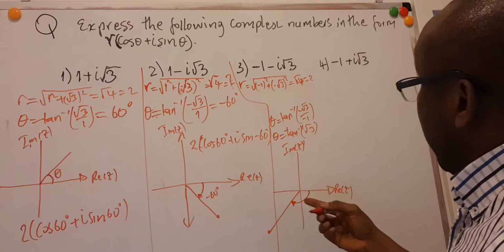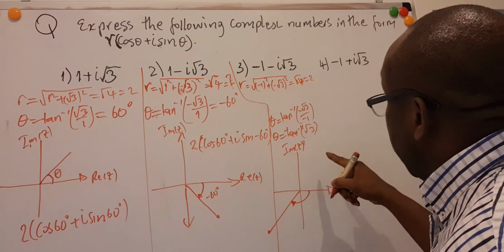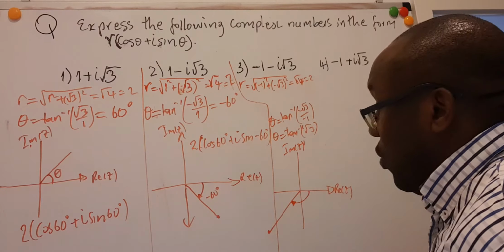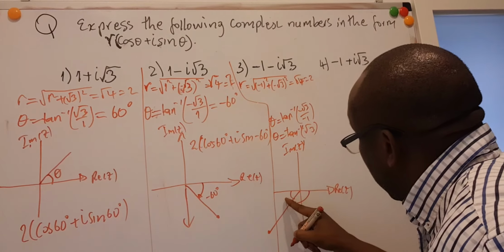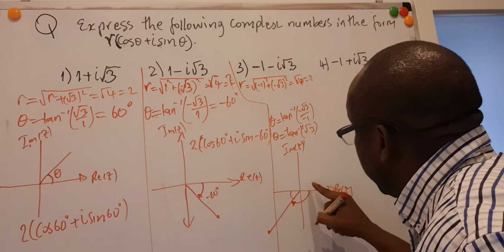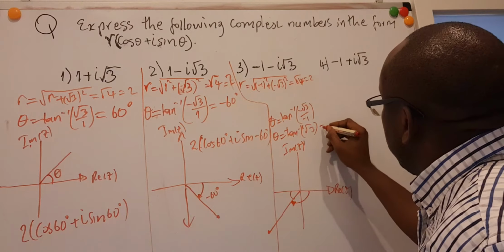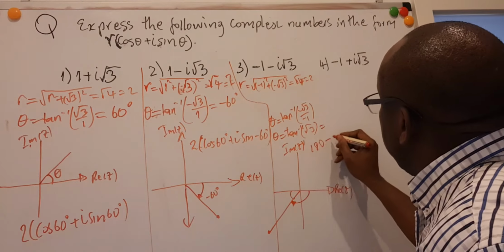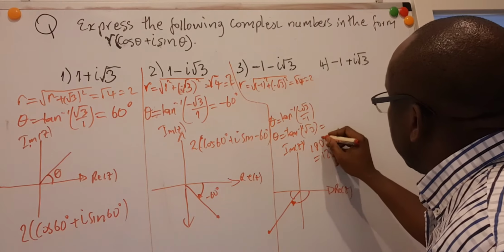So if you want to do that, then you say this angle here is going to be 180 minus the one you have, because actually what you would have calculated is this angle. The theta you would have calculated is this small one, but we need this one. So in order to get this one, we take 180 minus that. So this will be 180 minus 60 degrees, and that is 120 degrees.